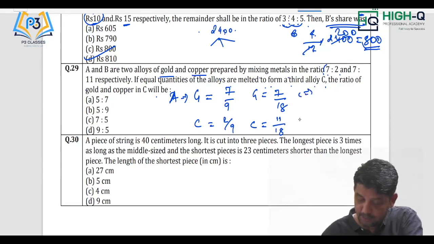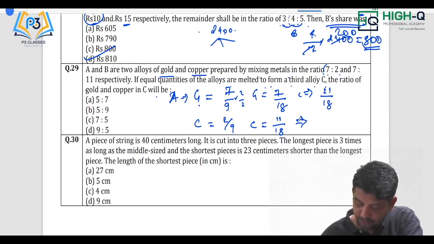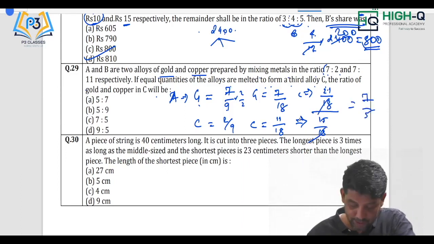C means we are mixing both, so add both of them. 7/9 plus 7/18, LCM is 18, so 14 plus 7, 21/18. And copper is 4 plus 11, 15/18. If I find the ratio, 18 and 18 get cancelled, 7/5. See how simply we are doing the problems?